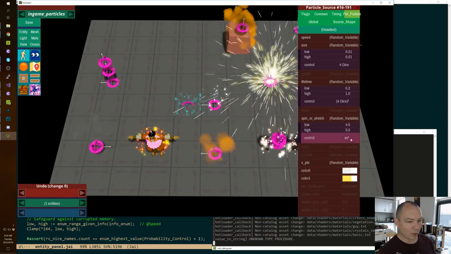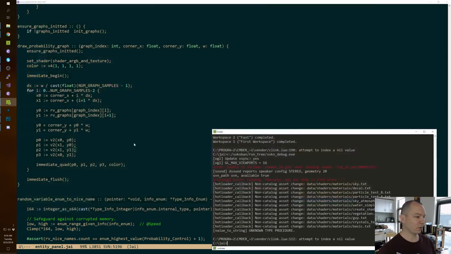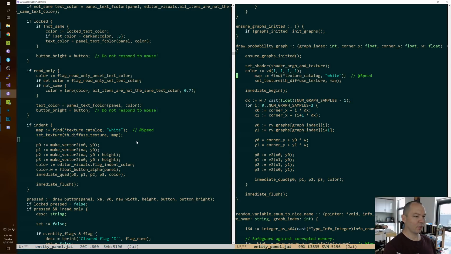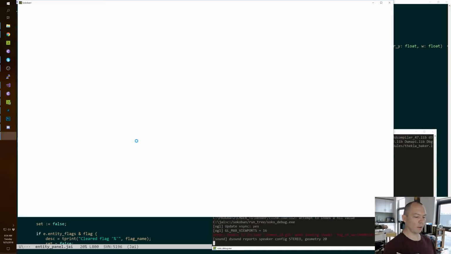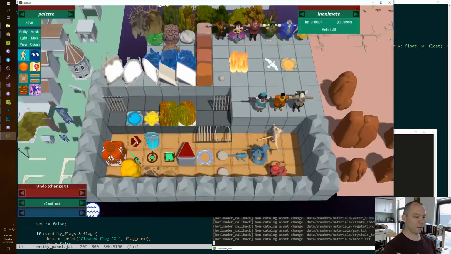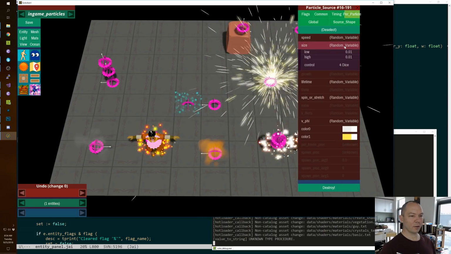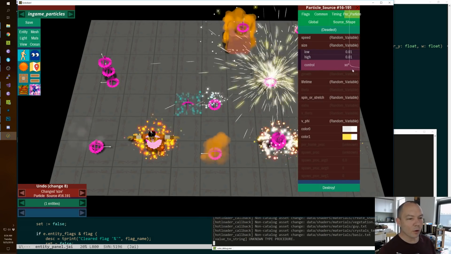I think it's because we have a texture map active. Because we might want to assign a texture map later to give a little bit of texture to the graph. But in fact, that would be hilarious. Well, still no. Oh, there we go.